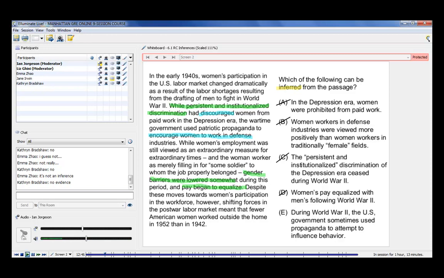All it said is that pay began to equalize, and then it said that shifting forces meant that fewer American women worked outside the home after World War II in 1952 rather than 1942. So if anything, the inference is that women's pay did not fully equalize with men's. So even that would be too much of a stretch. We just really have no idea what's happening after World War II.